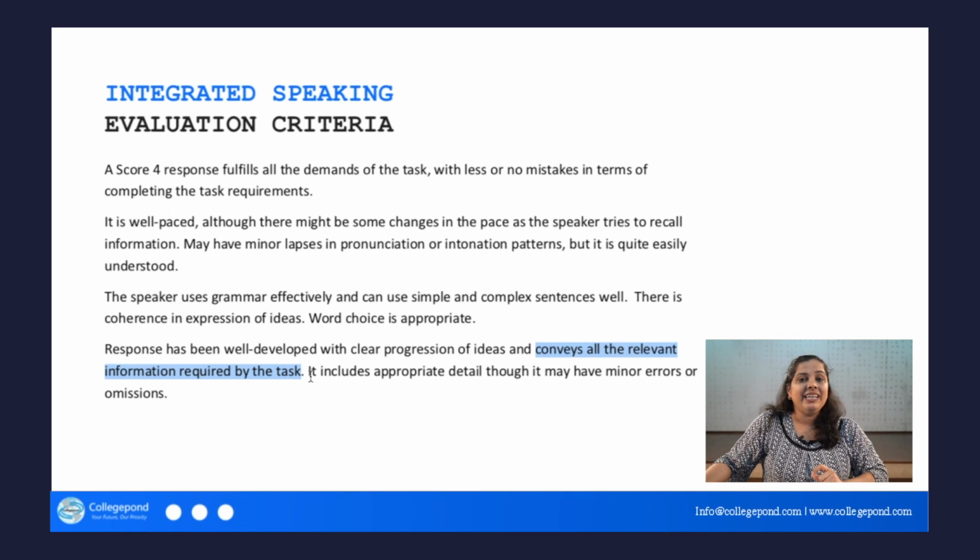However, do not get nervous because sometimes you might have minor mistakes, right? It's natural to have that. So for example, you could make mistakes in pronouncing a particular word in a particular way. If you do that once, that's fine. If you do it consistently throughout, that's not a minor error anymore.